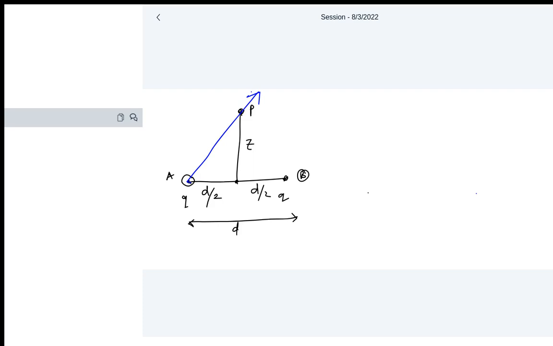Okay, this is the electric field E1. We are assuming this is the electric field E1. Also, the charge q at point B gives another electric field, and this is the electric field E2.